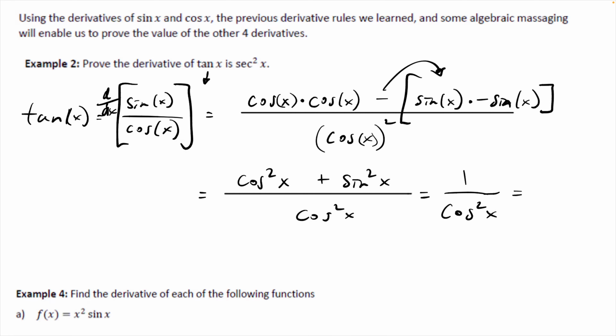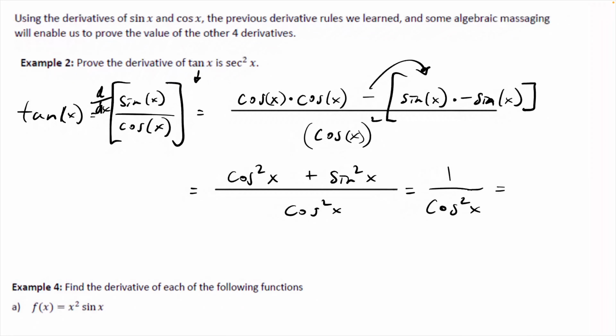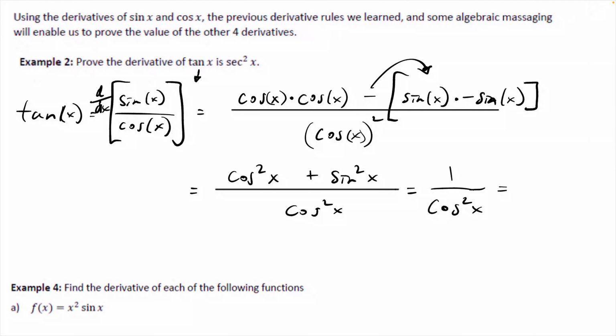And what's the relationship between cosine and secant? The reciprocals of each other. So 1 over cosine squared is actually secant squared. That is why that's proving it.